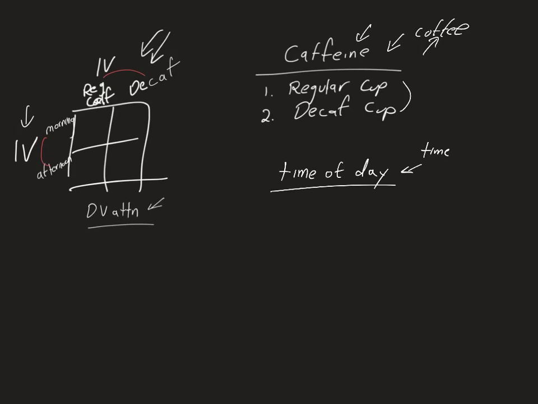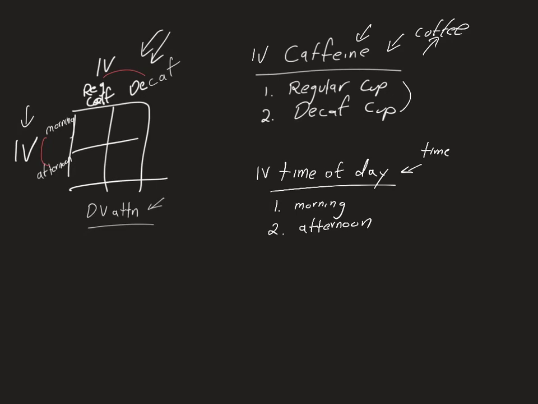Okay, now time of day. Think about how many experiences regarding time of day were built into this study. Well, in this example, I have morning and I have afternoon. Okay, so when I ask you for levels, I'm asking you just looking at the IVs, right?